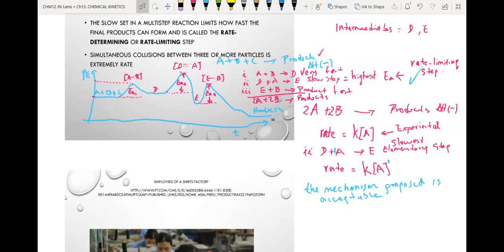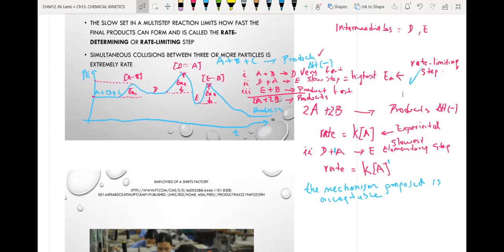If you propose this mechanism, and the rate law from the slowest step of that mechanism doesn't match the experimental rate law for the overall reaction, then your mechanism is not good and you need to write another one.